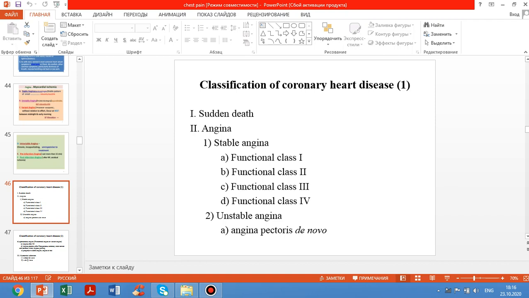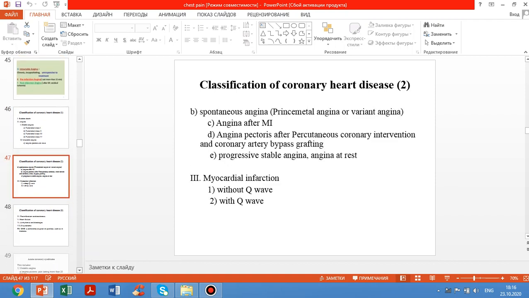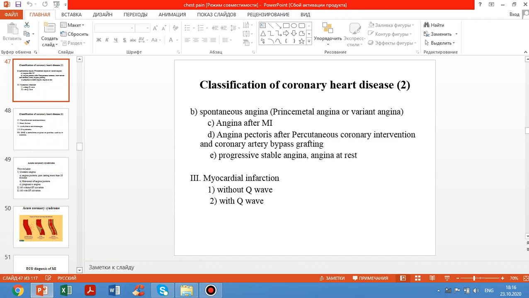Unstable angina includes angina pectoris de novo, spontaneous angina like Prinzmetal angina or variant angina, angina after myocardial infarction, angina pectoris after percutaneous coronary intervention or coronary artery bypass grafting, progressive stable angina, angina at rest.